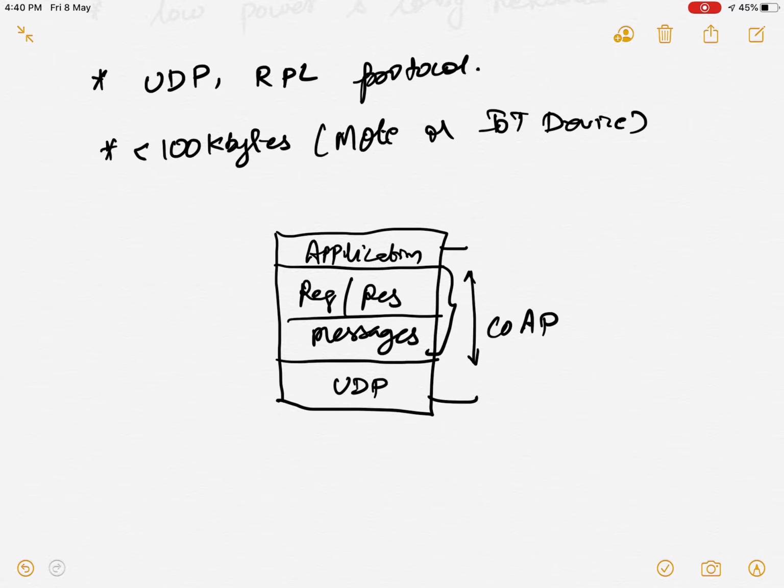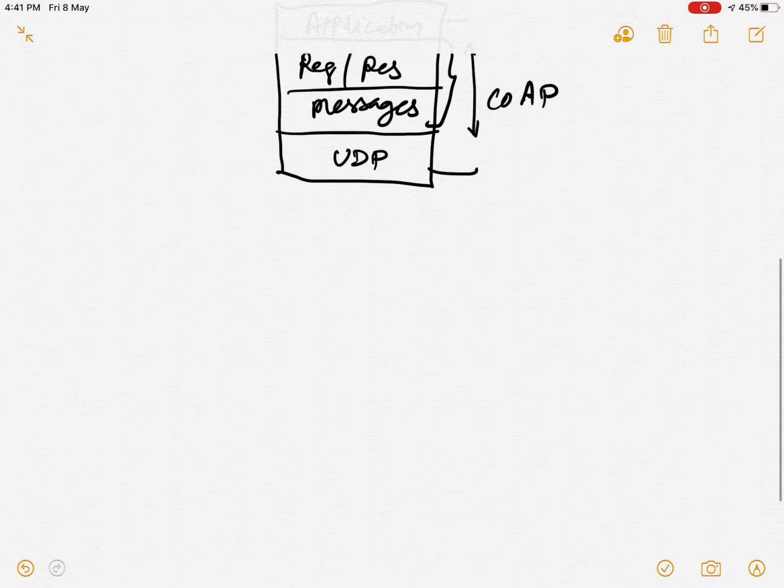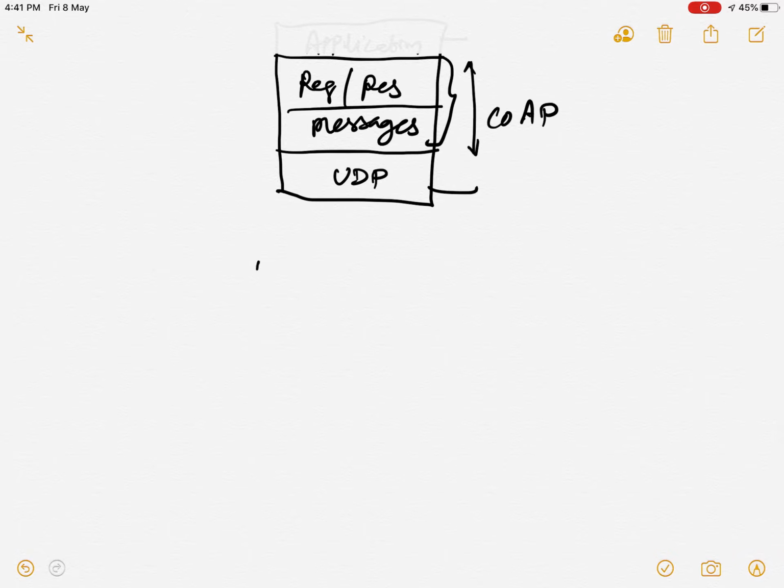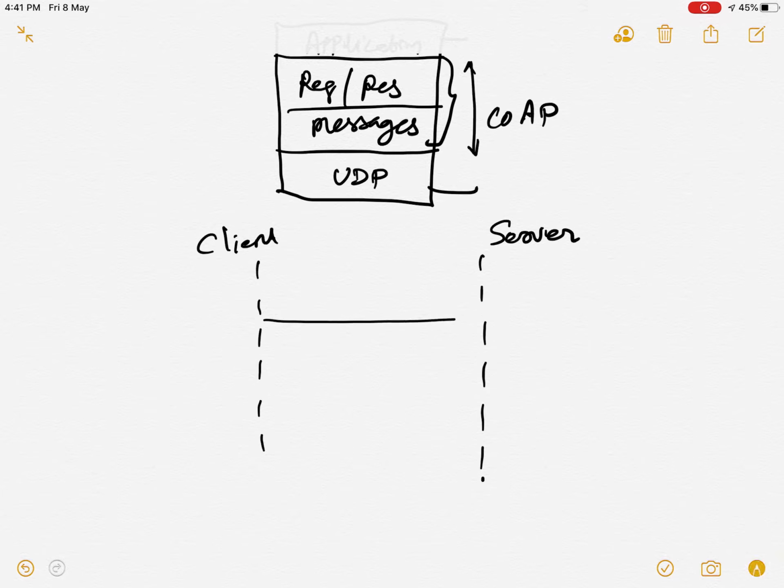Also CoAP is a client server and request response model. Let's say we have a client, and here we have a server. Request response means someone will request, with the help of a CON, that is a confirmable message.